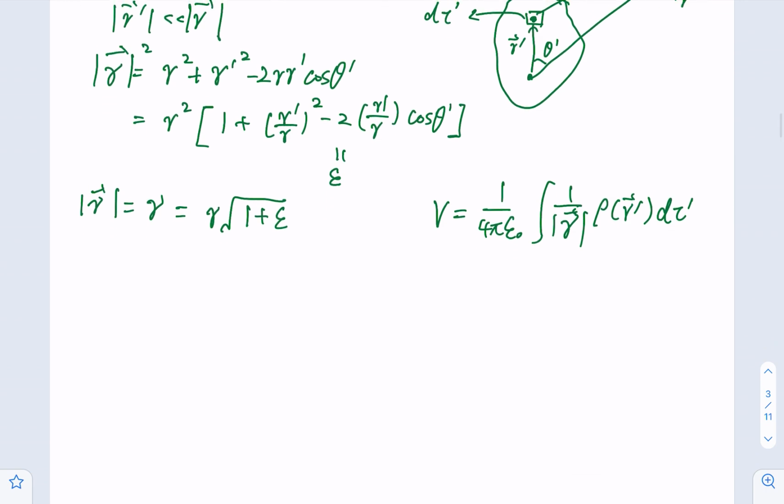So let's do a Taylor expansion of this result. So here, 1 over curly R should be 1 over R times 1 plus epsilon to the power of negative 1/2. And this one can be Taylor expanded. So this is the zeroth order.